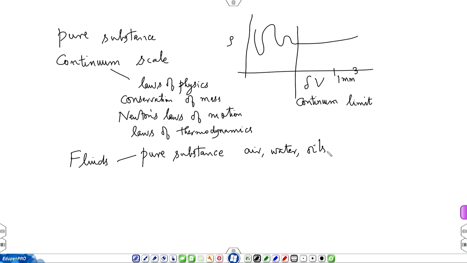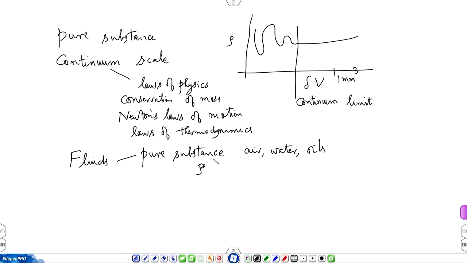So, these media we have seen are characterized by a density rho. This density can be measured as mass divided by volume at whatever scale.